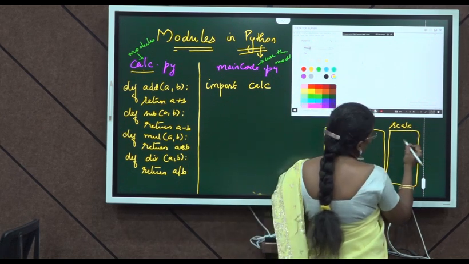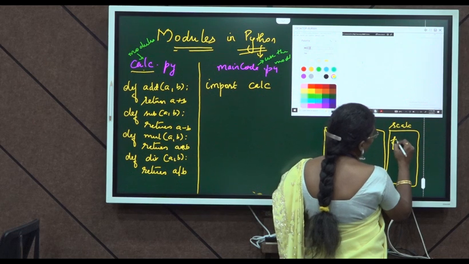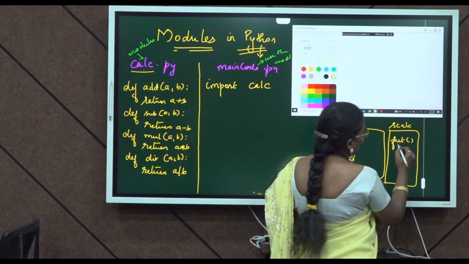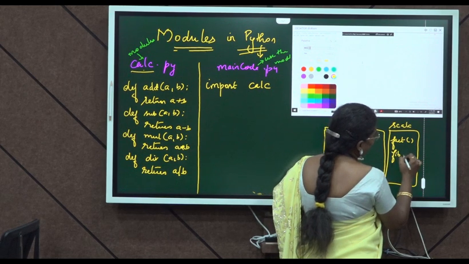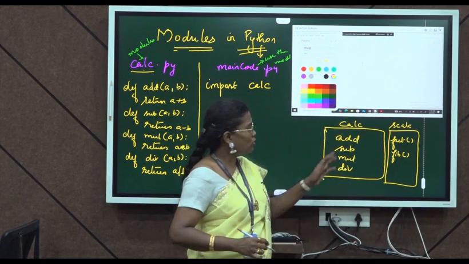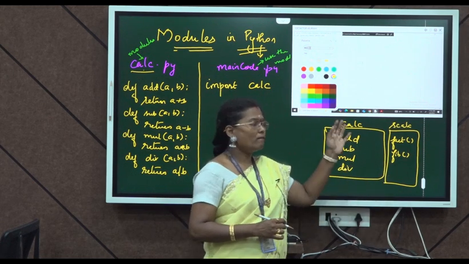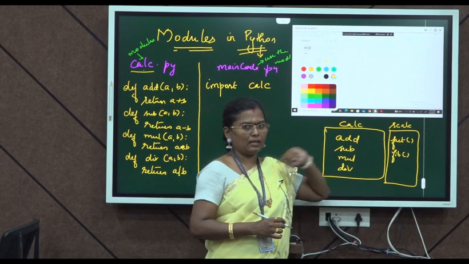This is to do some sort of operations that are more advanced than the basic calculation, like fact, fib. So now I am having 2 modules. To understand very carefully, I have 2 modules. One is calc, the other one is S calc.